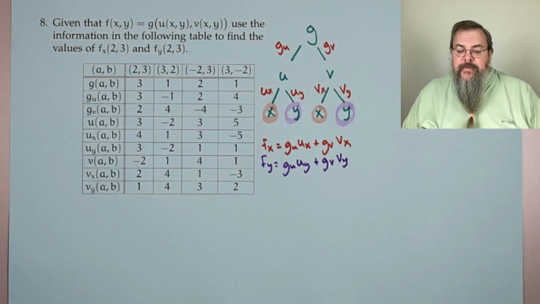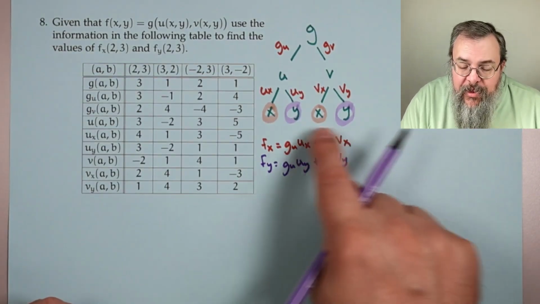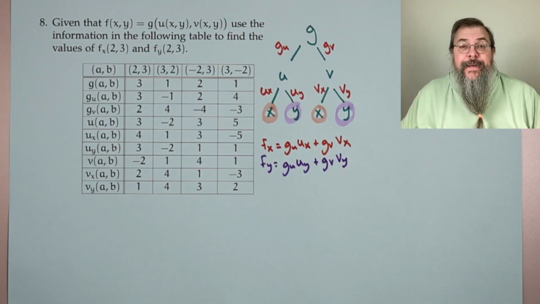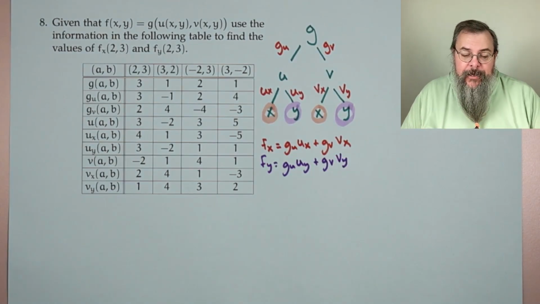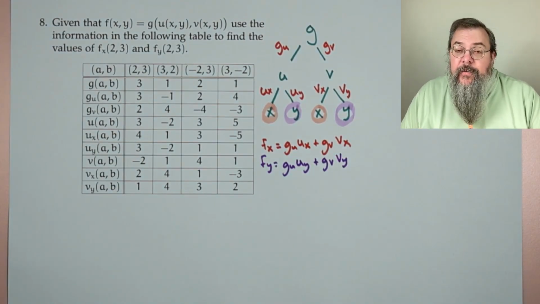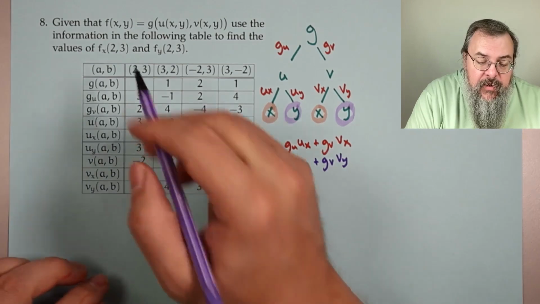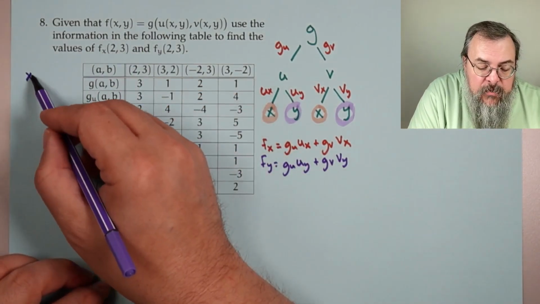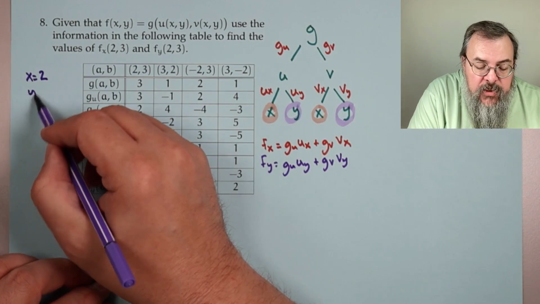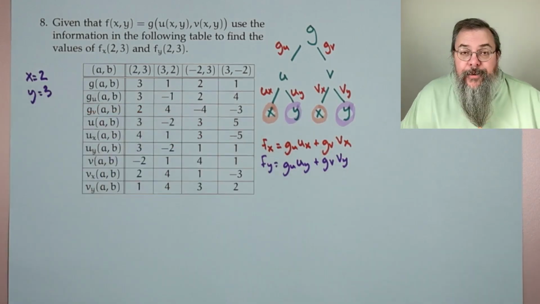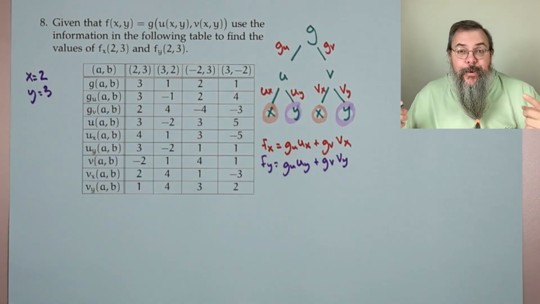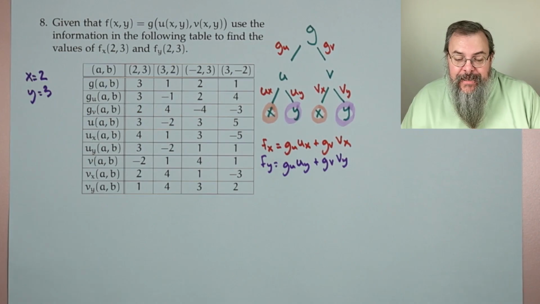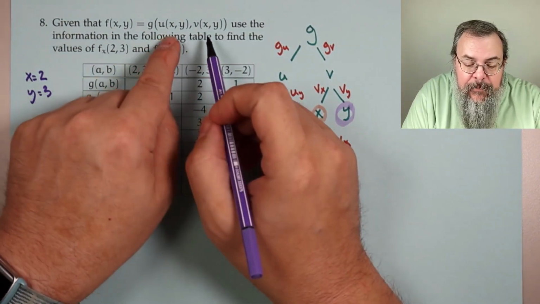All right, so this is telling us what to look up. One more thing we need to figure out is what are the values of the variables. Now we see X and Y, so X should be 2, Y should be 3. Okay, that's not so surprising. What about U and V? Because we need to understand that.